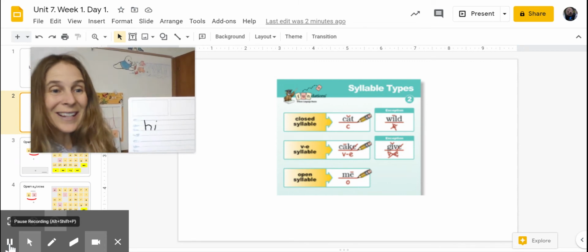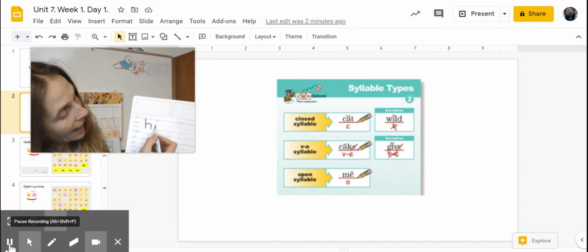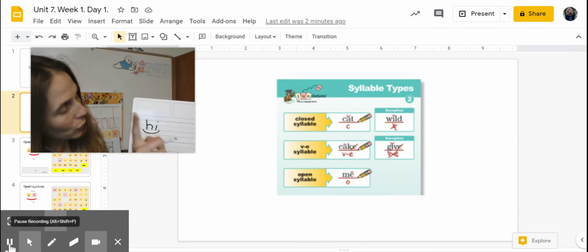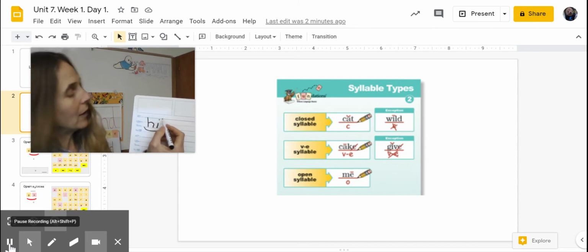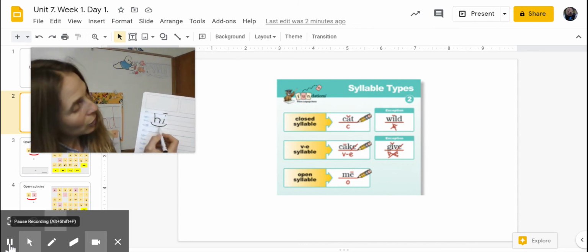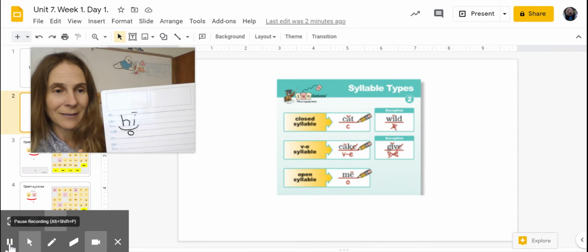If you wrote this correct, good job. Now let's mark the syllable. I have one vowel that's making a sound in the word. I'm going to scoop my syllable to one syllable. My vowel sound is going to be long, and my syllable is open. So you should have your word marked like this.